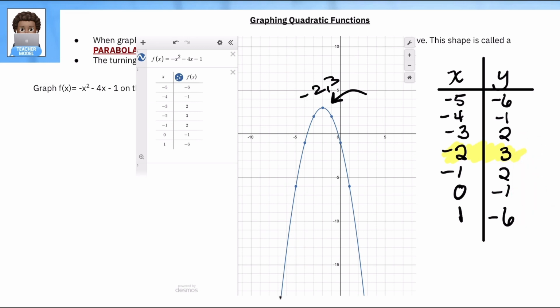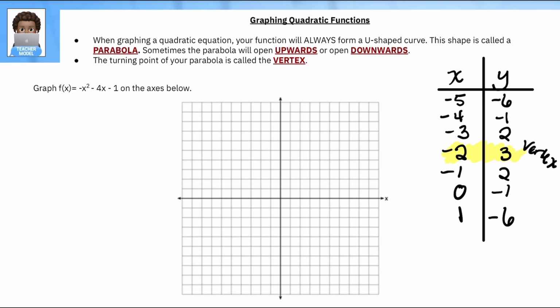So there's my turning point. This is my vertex. Now that I have this information, we're just going to graph it the exact same way. You put in your points, starting from the vertex, -2, 3.